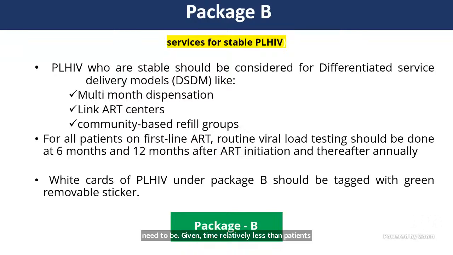These are the group of patients for whom you should plan decentralized care, whom you want to send to a link ART center, or any CARG model, sorry, or a TI where dispensation can happen with the TI NGO. So these are several other opportunities for multi-month dispensation.